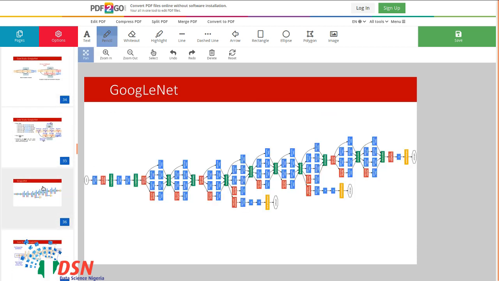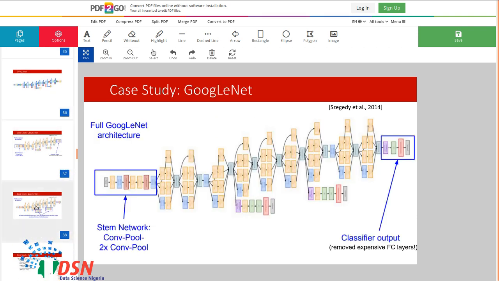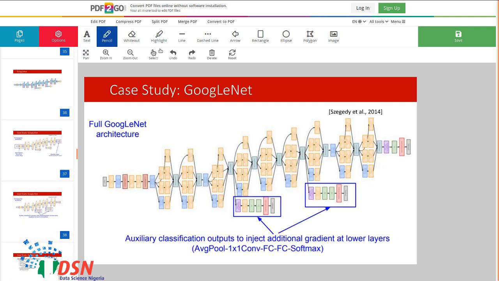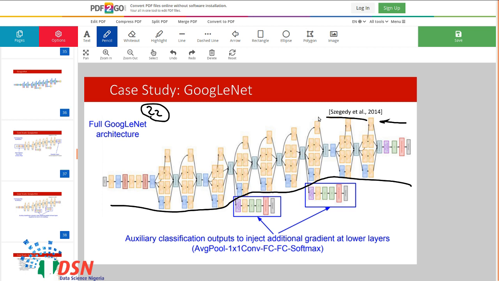Okay, and as you could see, the next novelty in GoogleNet was these auxiliary outputs. So the problem with large networks or deep networks is that when you use just this architecture and when you use backpropagation, the gradient should flow from here to all of these layers.